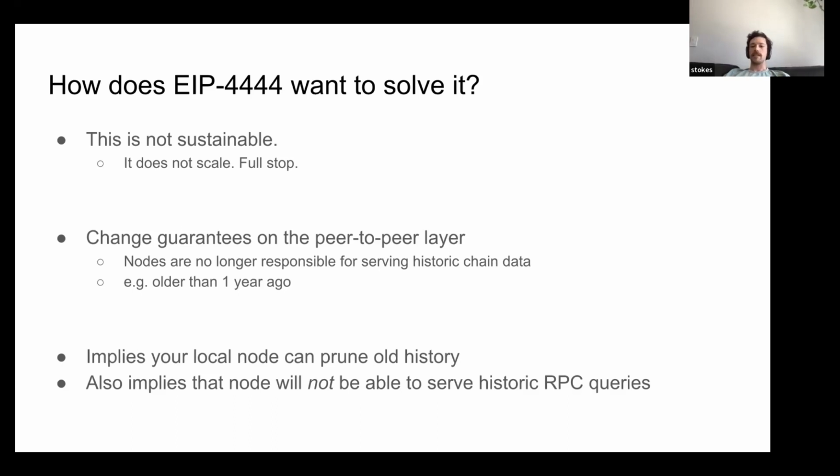And suddenly you can't just look 13 months ago, because 12 months have passed and that's the history cutoff. That is not great necessarily. So 4.4 does need to provide an answer for that, and we'll look at that in a second. But either way, in summary, we want to change this guarantee, and that means you can save a lot of the resources that you currently need to run a full node.